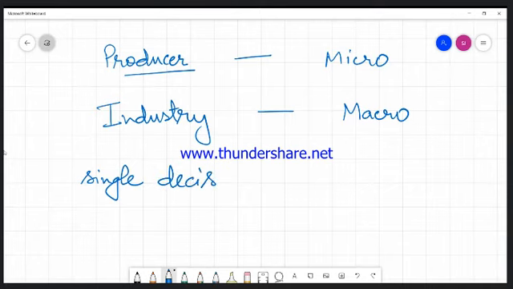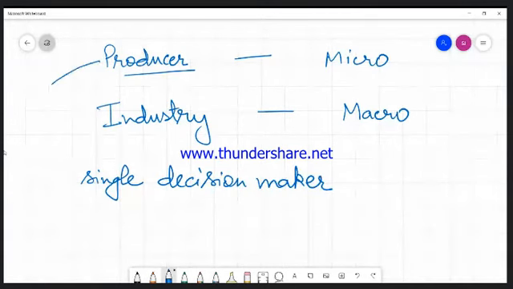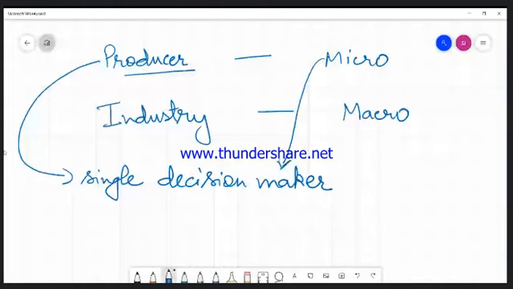Decision maker. If you are talking about micro, the decision maker is a single unit, an individual unit.